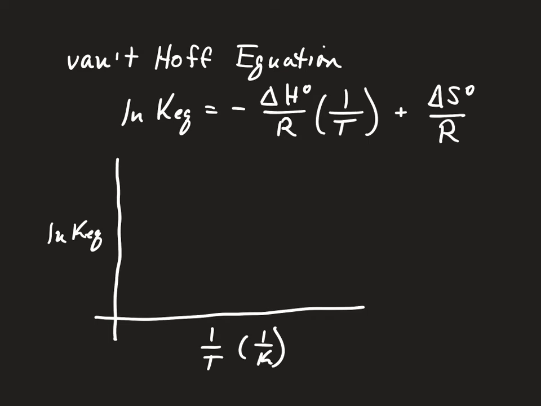You would get individual points, and a line with a negative slope where the value of that slope is equal to minus delta H0 over R. And if you extend your plot to the y-intercept, delta S0 over R is equal to the y-intercept.